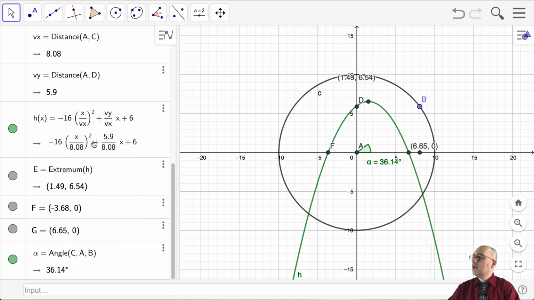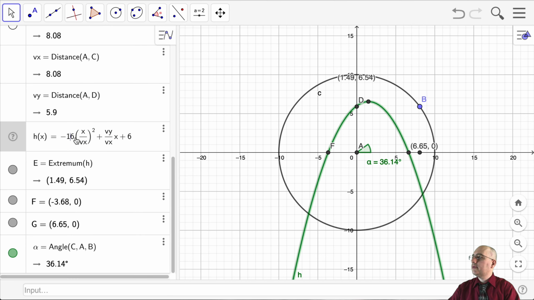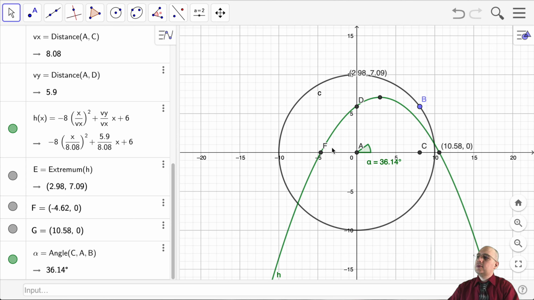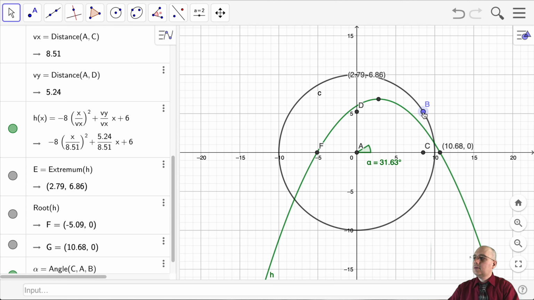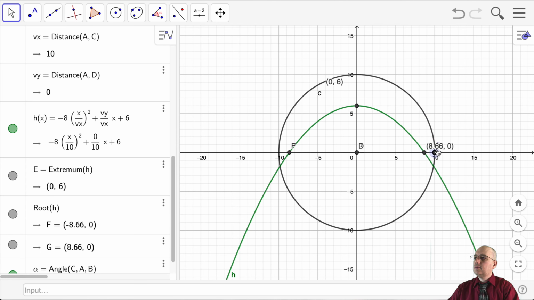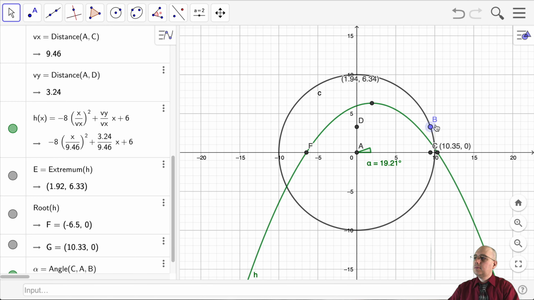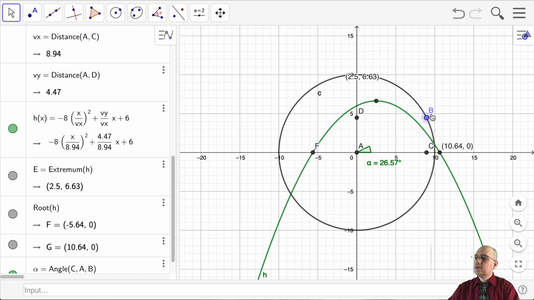There we go. And what happens if I lower the strength of gravity? Let's say it's half as strong. What happens with that? Well, I think, what was it, 26 degrees or something was around here.